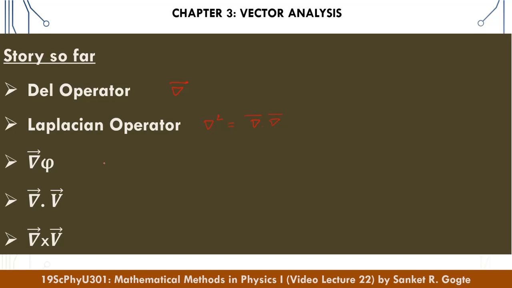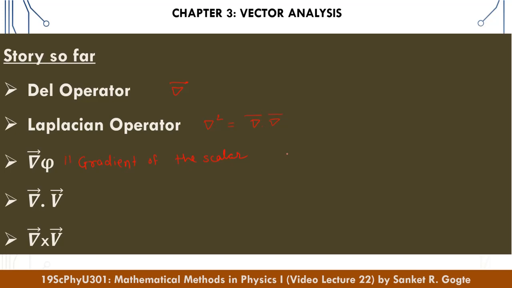When we operate this del operator onto some scalar field phi, that is called the gradient of that scalar field, and that gives us the rate with which the scalar quantity changes per unit length with maximum amount. So it is a vector quantity, and the direction is also the direction in which phi changes with maximum rate.